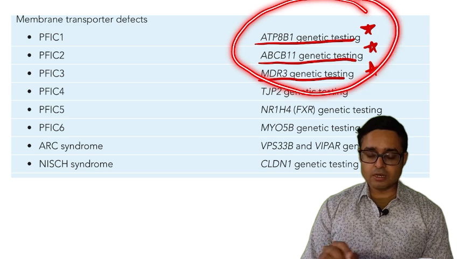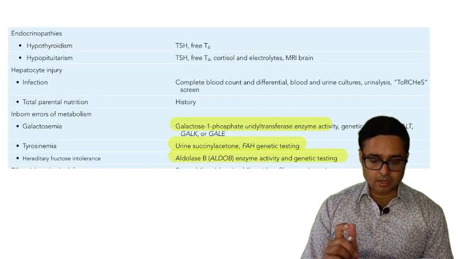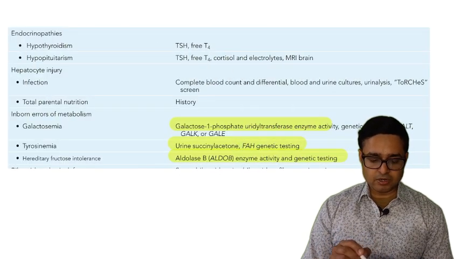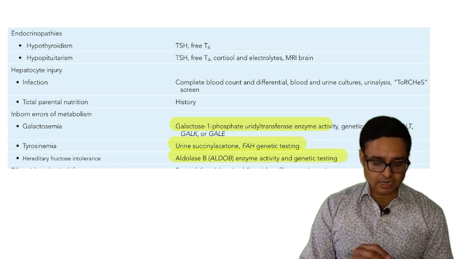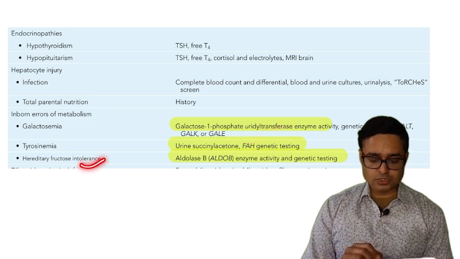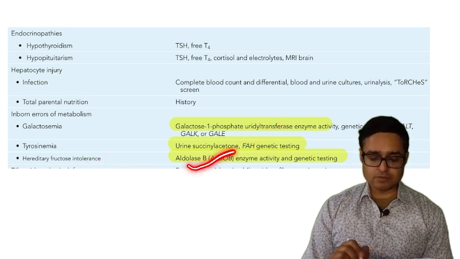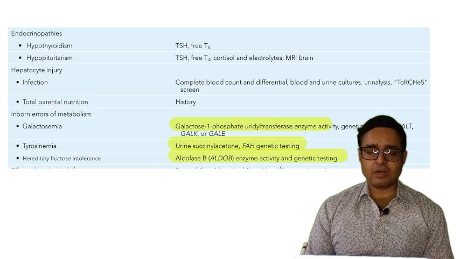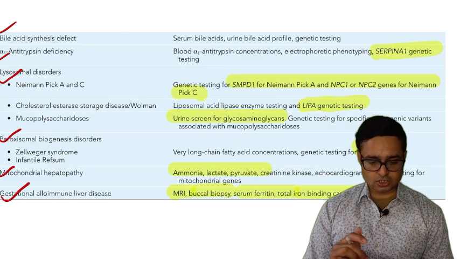This you have to remember. Hypothyroidism, we will test thyroid. In this table, for galactosemia we will test GALT, tyrosinemia we will test the FAH gene, and fructose intolerance we will test aldolase B. Basically we are evaluating the causes of neonatal cholestasis with their respective investigations.